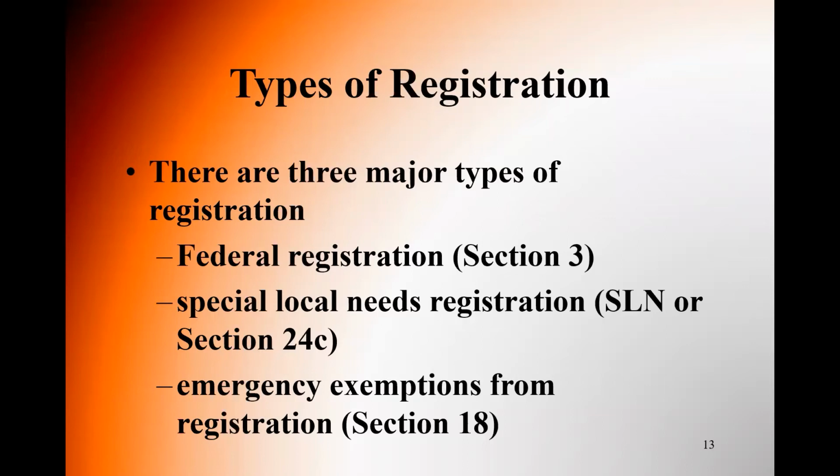Special local needs means that the pesticide can only be used in local areas, usually in a state. If pesticide products have a special local need registration, if they're only registered for Oklahoma, they can't be used in any other state.